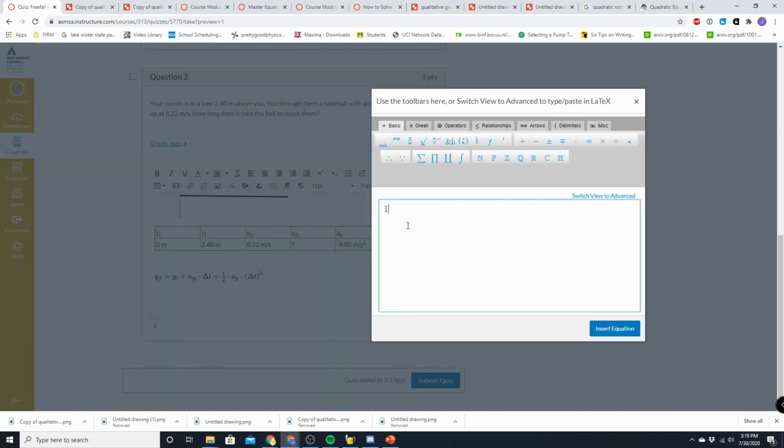So that's going to look like 1/2 times ay times, and this is going to be the quadratic term, second order term, delta t squared, plus viy times delta t, plus, and then we're going to get the constant terms over, so that's going to look like yi minus yf is equal to 0.